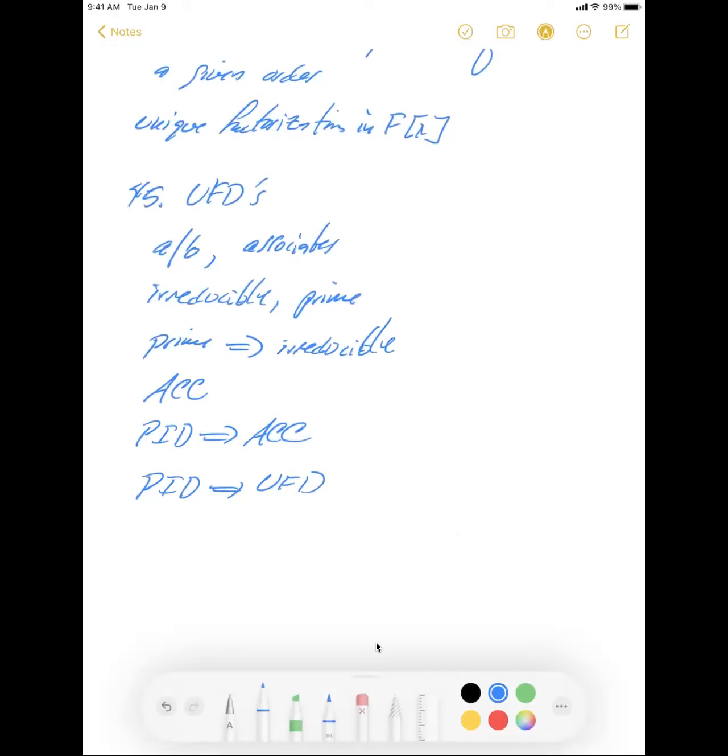Also, in a principal ideal domain, the ideal generated by P is maximal if and only if P is irreducible, right? Which generalizes the property that we know about F bracket X.